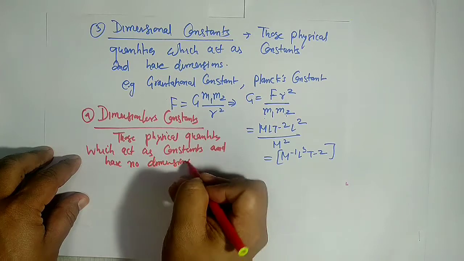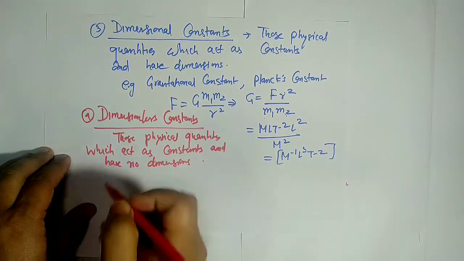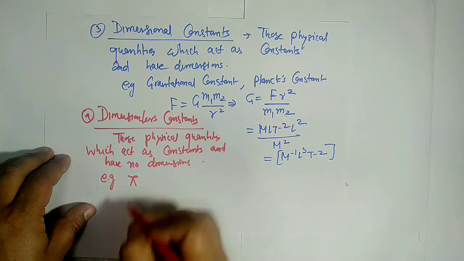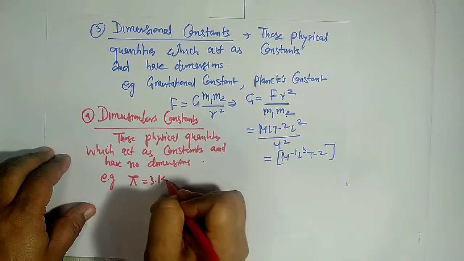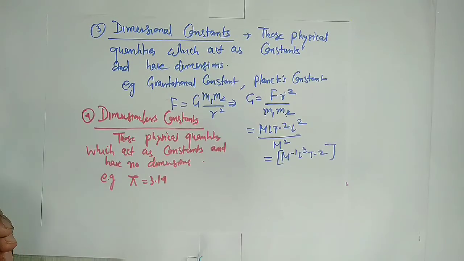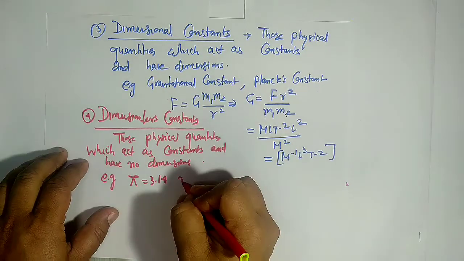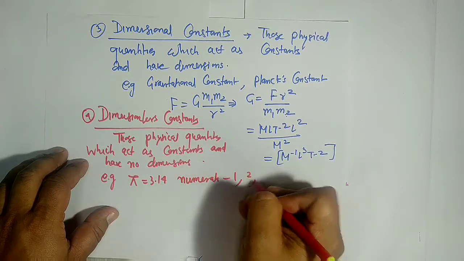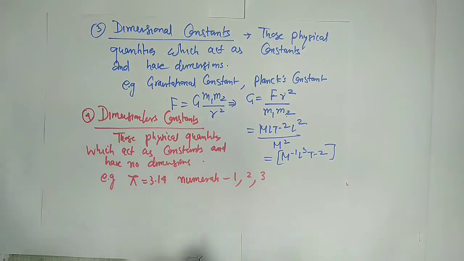Now can you tell me an example? Pi. Now pi is 3.14. It's a constant, no dimension. Similarly, numbers, numerals, numbers 1, 2, 3, angles. So these are the dimensionless constants.